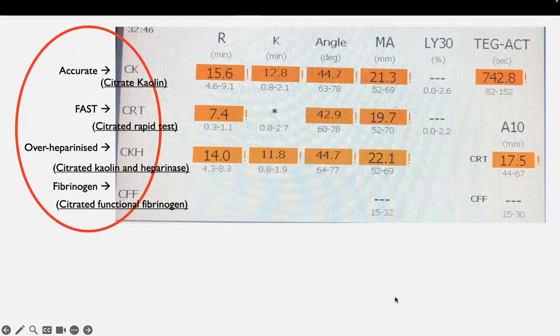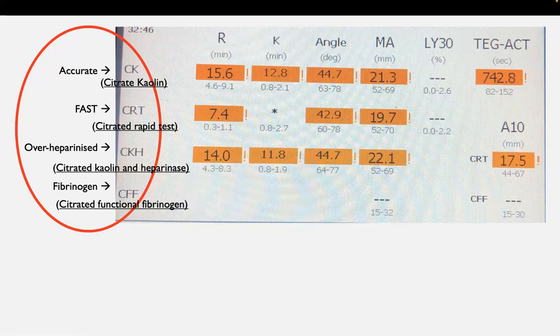So what we see with our R time, we see that it's 15.6. So it is prolonged because the normal is between 4.6 to 9.1 seconds. So that means it took a long time for the clot to form. So it means we do not have enough fibrin.